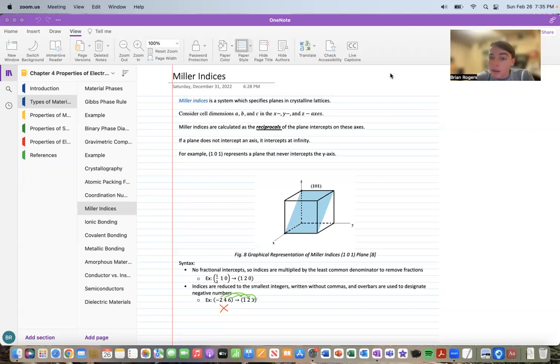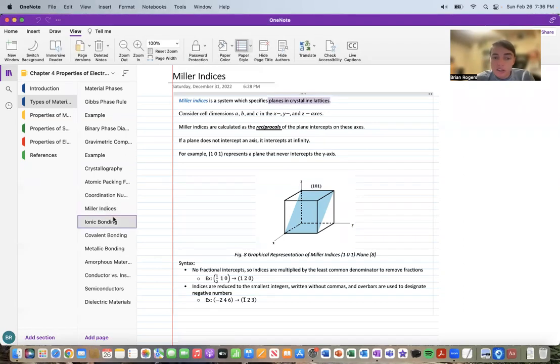Now we're going to get rid of the negative sign in front. To do that, I'm going to use an overbar. That's why you see the 1 has a bar above it, to indicate that it is a negative number.